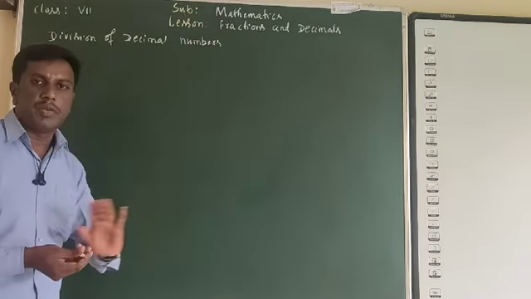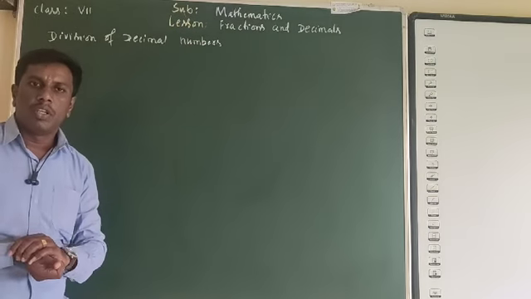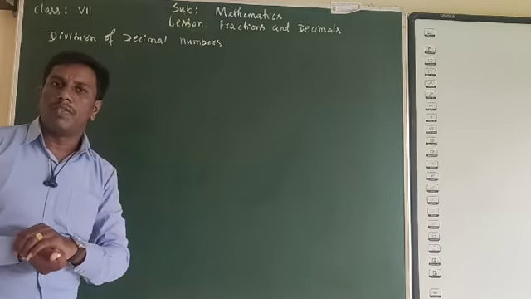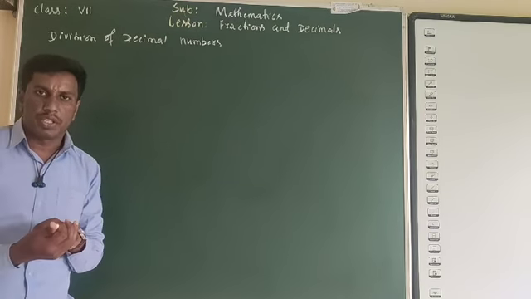The method will be very simple. Convert the decimal number into a fraction form. Then it will become division of a fraction by a fraction.